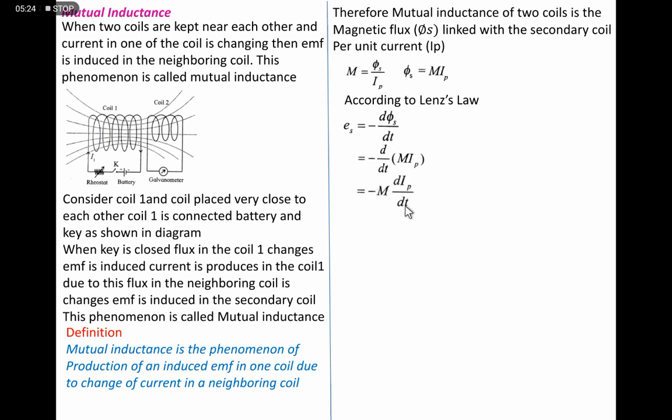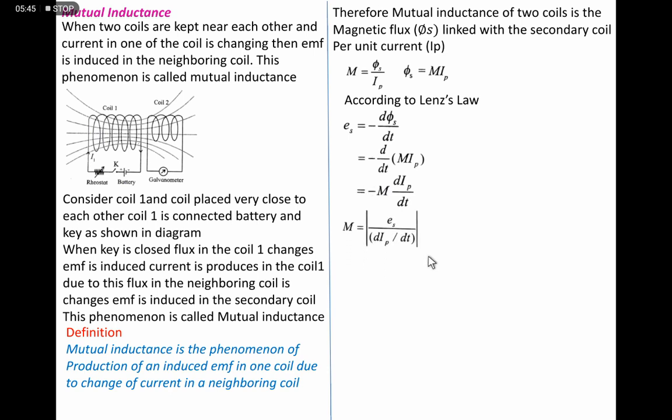So we'll write e s equals minus M dI P by dt. The negative sign indicates that the change in flux in the secondary is opposite to the EMF which is induced in the secondary.